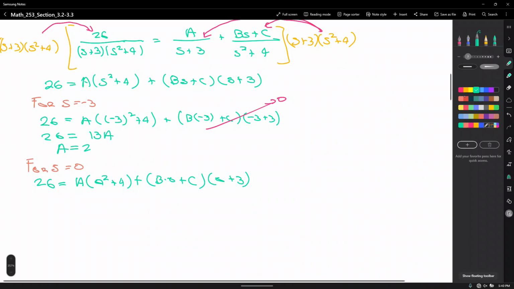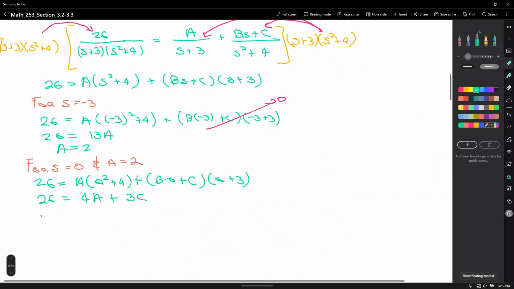Okay, so for s equals 0 and a equals 2, we can substitute: 26 equals 4a plus b times 0, which is 0, and then 0 plus 3, which is 3, times whatever we are left with here, which is just c, that's plus 3c. All right?